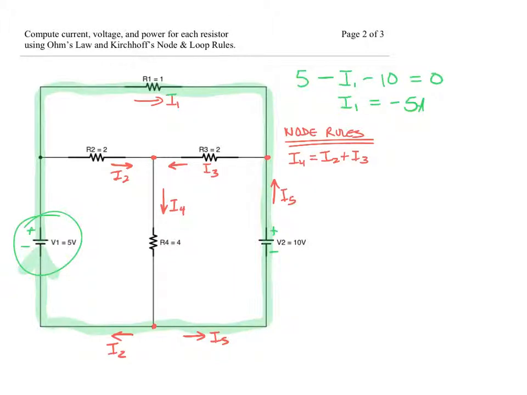Okay? And so I5 is coming into this node here. And so what does that mean? If I1 and I5 are coming into that node and funneling off as I3, that means I have I3 equals I1 plus I5. But I just found I1, so this means I could write I5 will equal I3 plus 5.